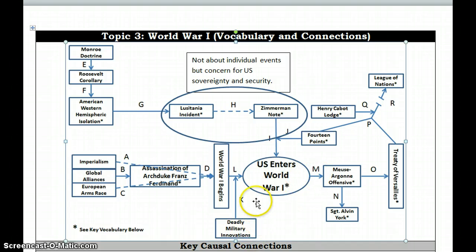Something else that happens prior to the United States entering the war is the deadly military innovations, and that is primarily going to be talking about trench warfare, the technology of trench warfare, but we'll get into that in a moment.